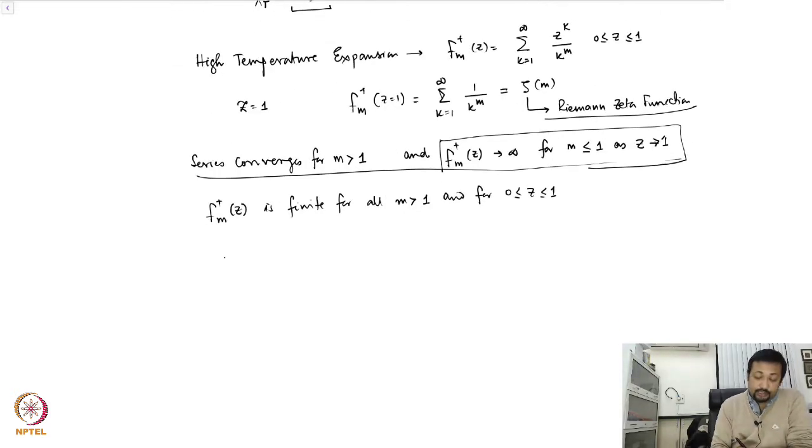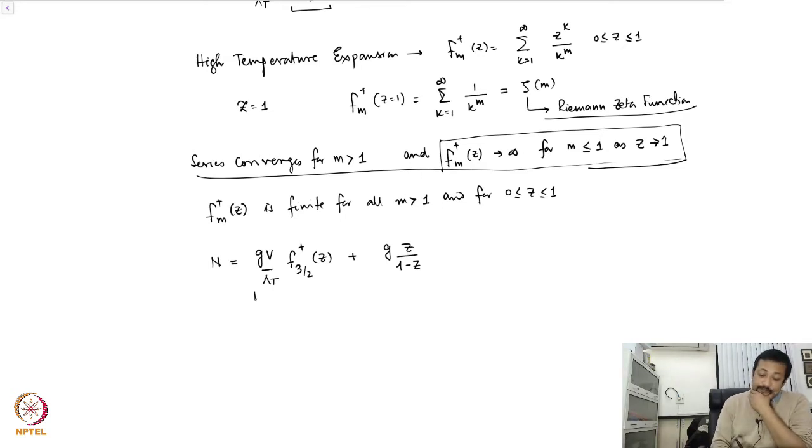So coming back to this expression for the particle number, it is f of 3/2 plus of z plus g z over 1 minus z.